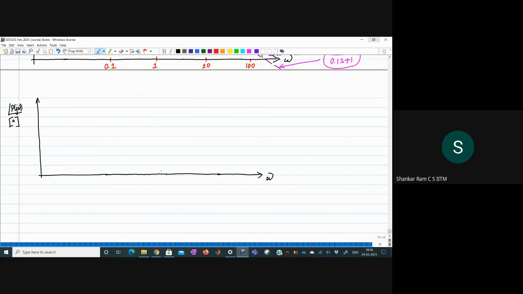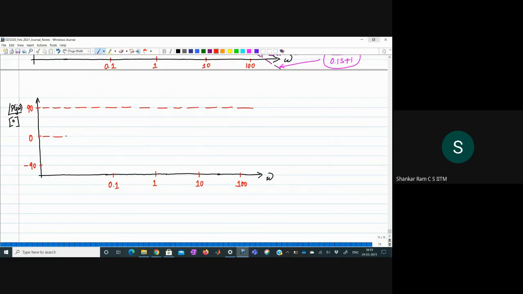As far as frequency is concerned, let's say we start from 1, we go to 10, then we go to 100. Let's say here we go 0.1. And for phase, let's say we go from minus 90, 0, and plus 90. Okay, so let me draw all these very clearly.